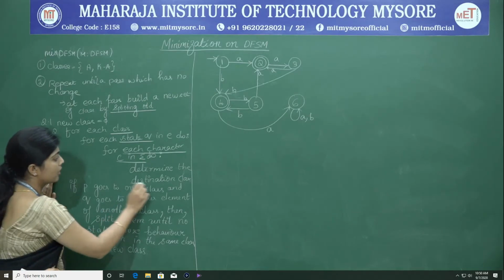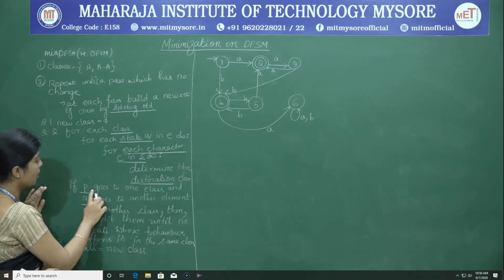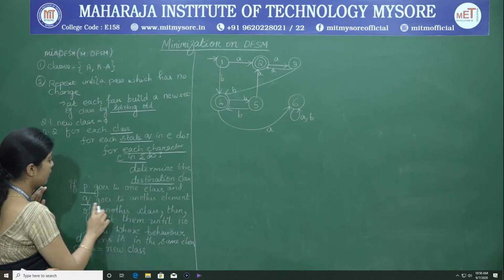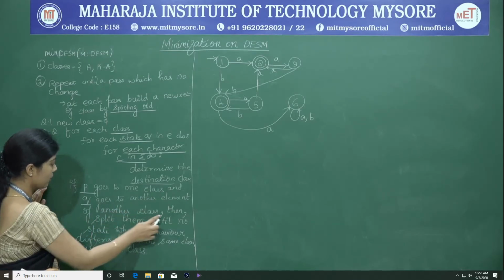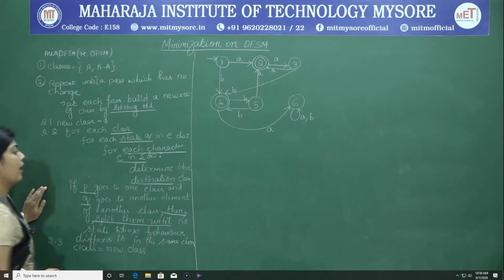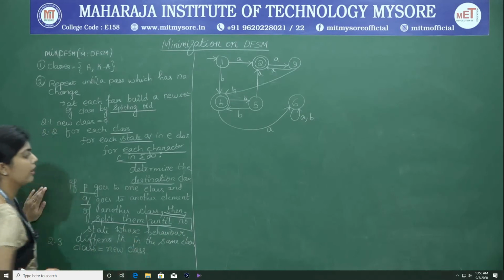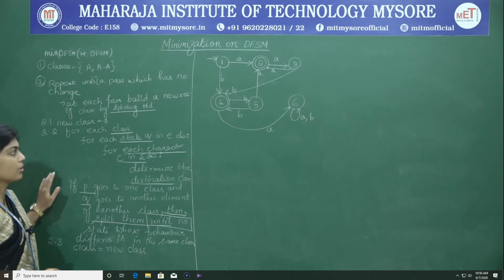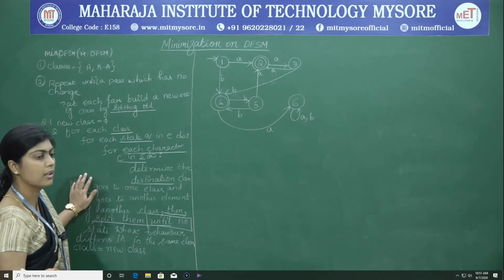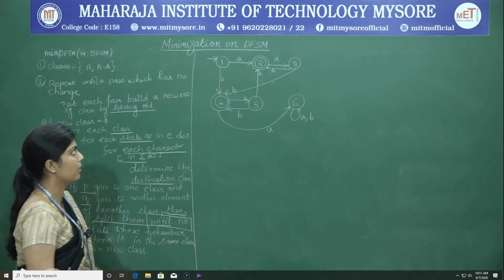Once we have found the destination, if P goes to one class and Q goes to an element of another class, then we split them, and we repeat it until there are no more changes in any of the classes. So, this is how we determine the algorithm. We will see how it can be solved in this problem.